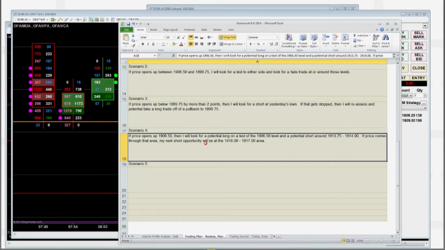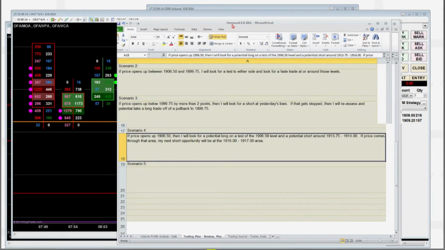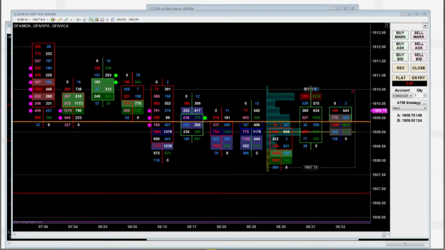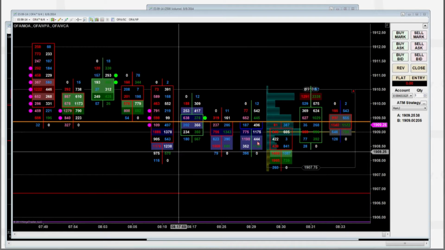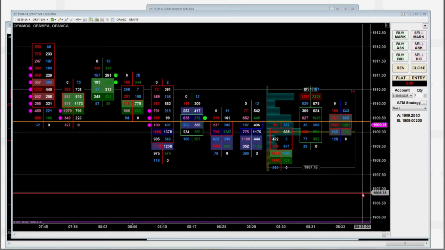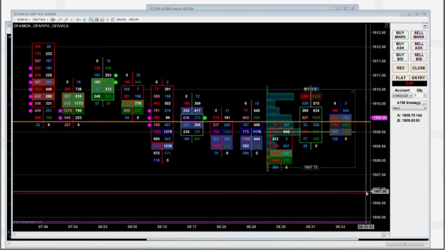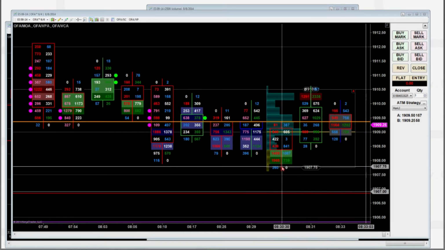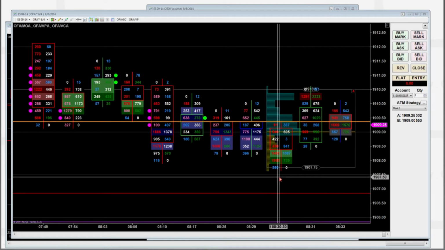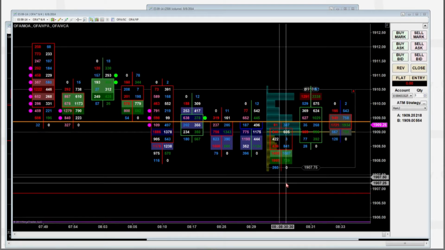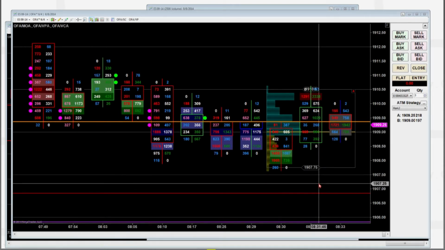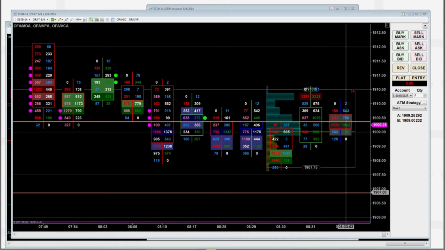Price comes through that area, my next short will be at 1917 area, which are levels that we talked about this morning. So I'm still looking for a long down in this area. And I'm going to be using this chart, the order flow chart, to provide the information for me of whether or not I'm going to get in.